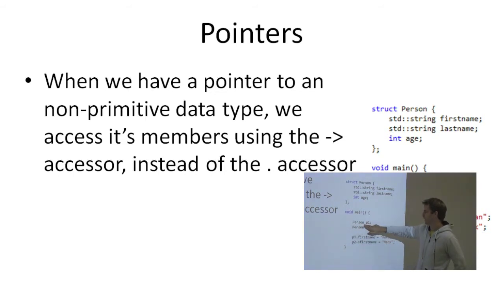We create a person P1, and if we want to access the person's first name, we go P1 dot first name equals whatever. If we have a pointer, person star P2, a pointer to a person, to access its members we use this accessor here, a line and a greater than sign, an arrow.